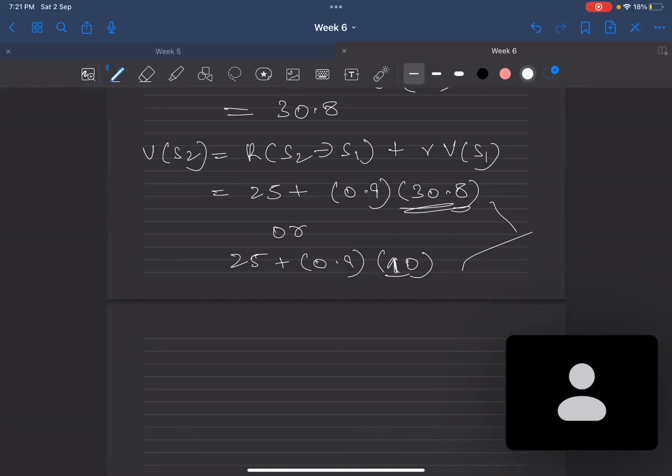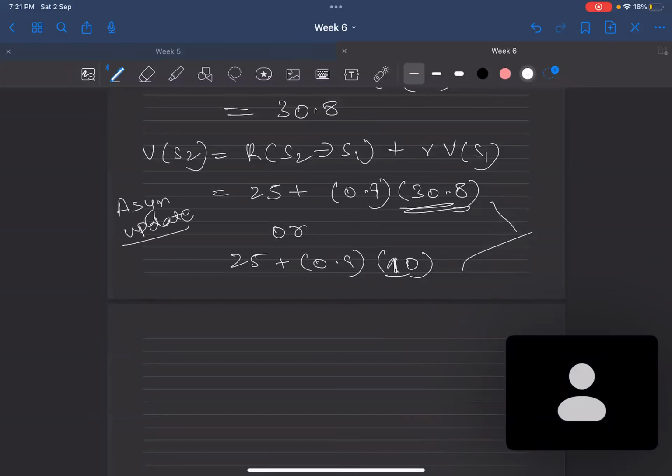What am I trying to do here? We're just taking the previous value of S2, the last iteration value. This is basically called an asynchronous update.